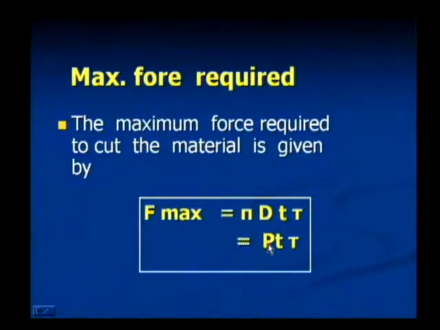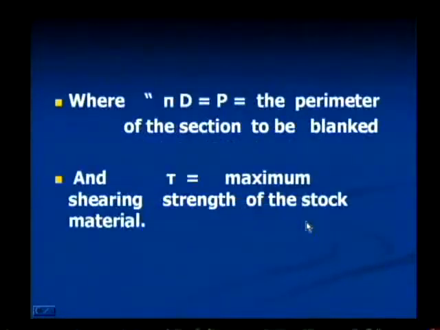Or it is also equal to P into t into tau, where P is the perimeter of the punch or the die, and t is the stock thickness. P is the perimeter of the section to be blanked, and tau is the maximum shearing strength, that is, the maximum permissible shearing stress of the stock material.